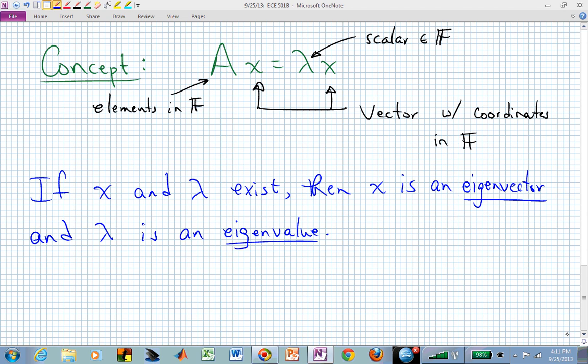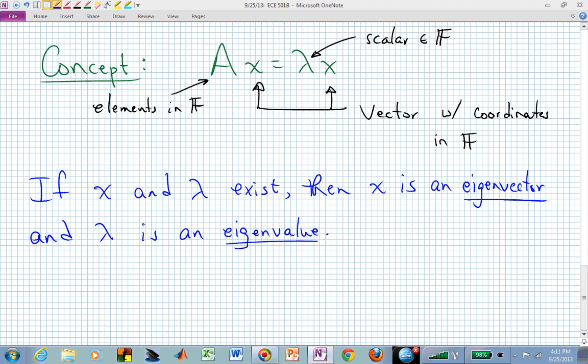But what this is telling us is there's something pretty special happening here. You're taking this matrix that's n by n and operating on a vector, and after it does that transformation, it takes that vector and it basically stays on that vector. That's really what this is saying.